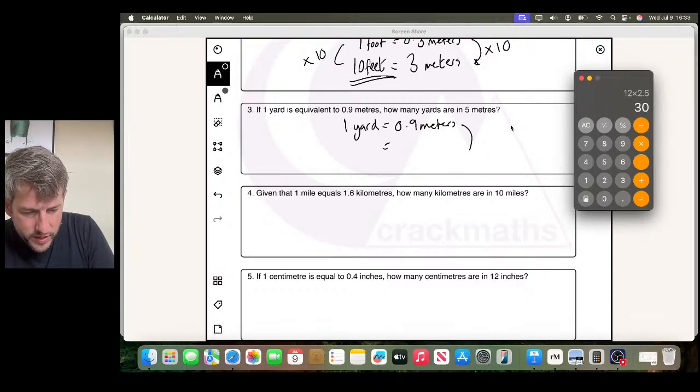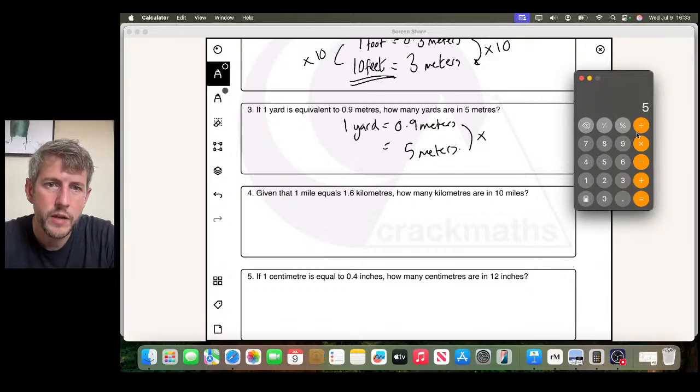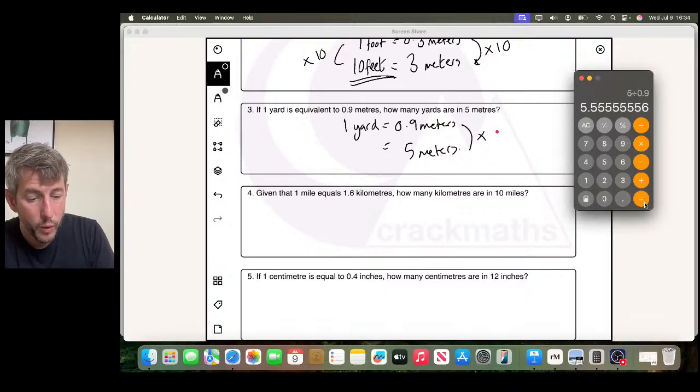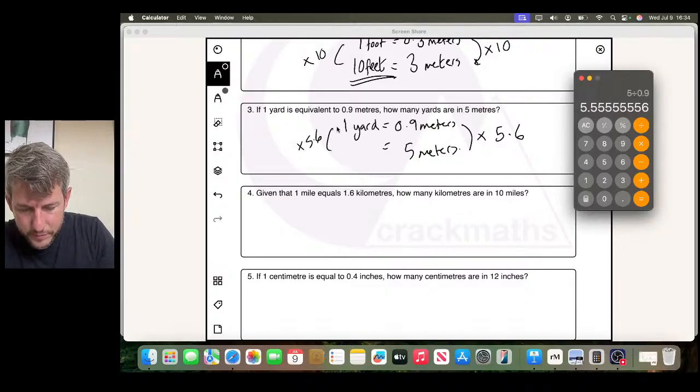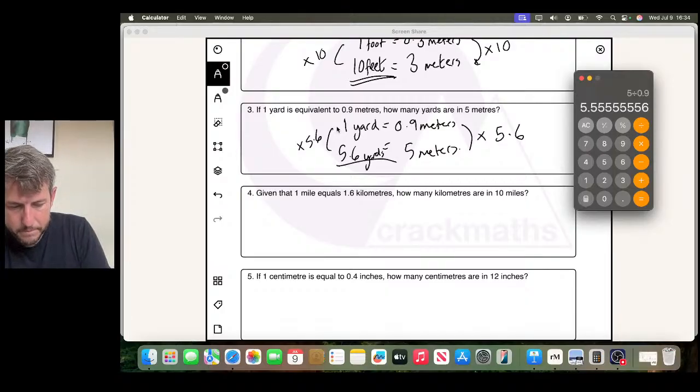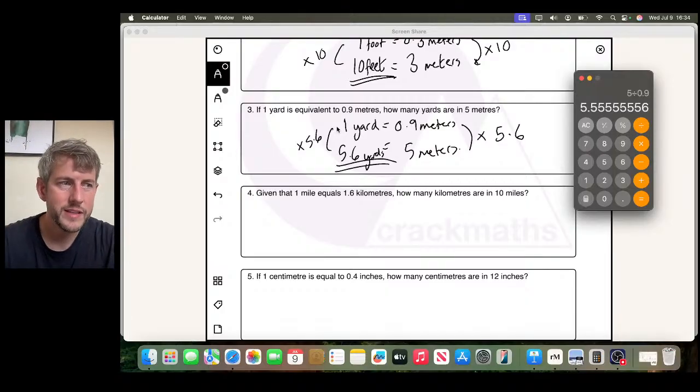We need to know what we times that by to get to 5 metres, so we can just do 5 divided by 0.9, which is 5.5 recurring. They wanted it to 1 decimal place, so we're going to call that 5.6. So 1 times 5.6 gets us to 5.6 yards.